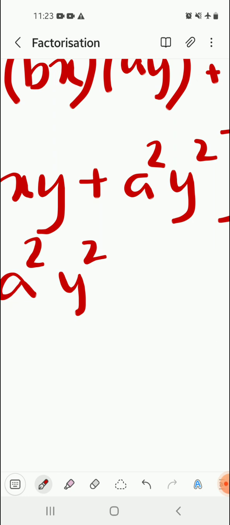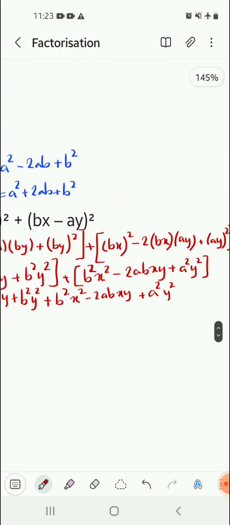So we've written the whole thing. Now we are going to find the common expressions. So first let's see what we have got.